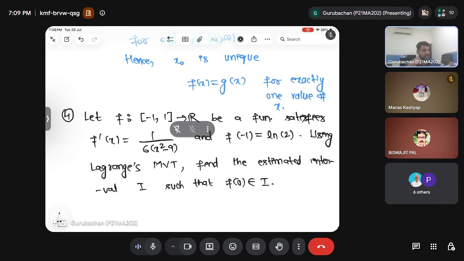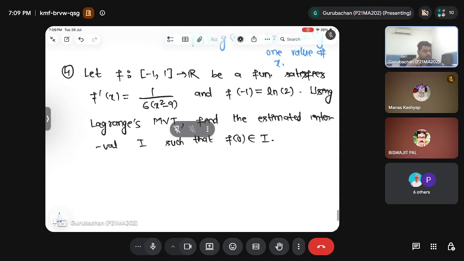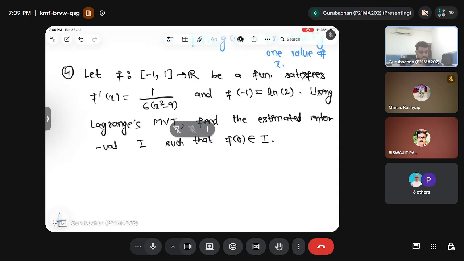Does anyone have any idea how we can approach this one? Can we apply Lagrange's mean value theorem in the interval -1 to 1? No, we have to talk about 0, so we have to stop at 0 now.